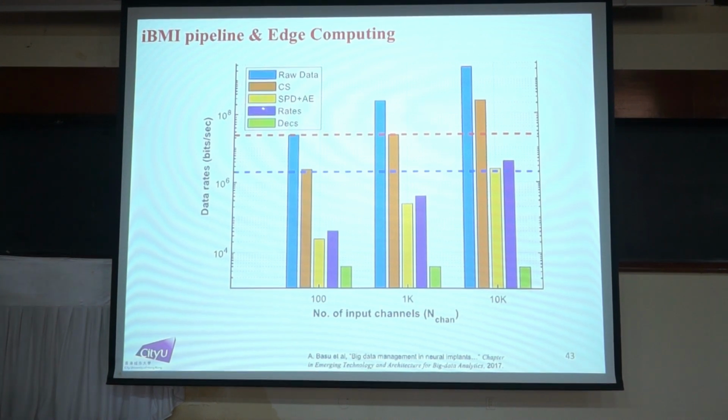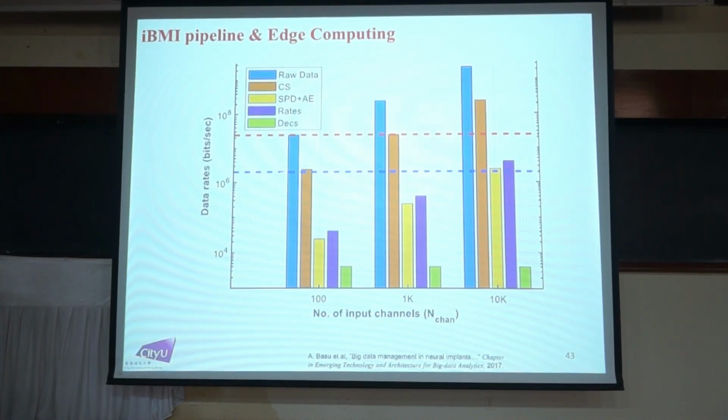The yellow and purple are spike detection: if you do spike detection, how much compression you get. And the green one is the decoder. Okay. So what you see is these two dashed lines are two commonly used wireless transmitters in implants, the data rates that are allowable.